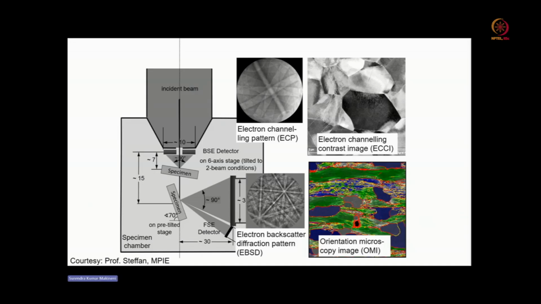Correct. The backscattered electrons can produce an electron channeling pattern on the BSC detector, which is positioned above the specimen. If you image these electrons, you will get a grain that becomes much darker because you are channeling only the one electron beam, correct? So the grain becomes much darker.